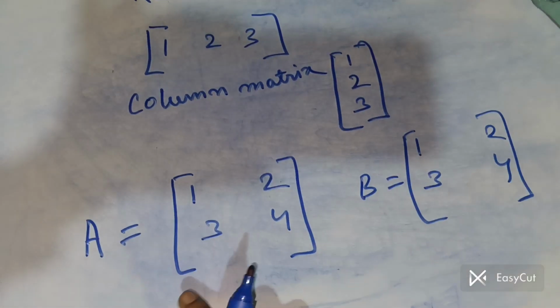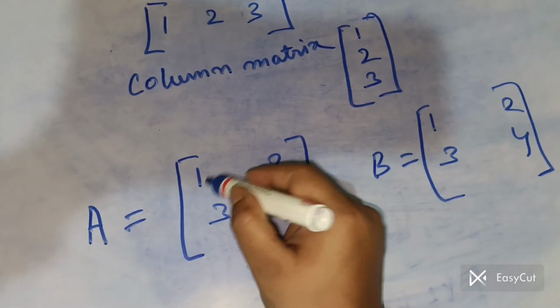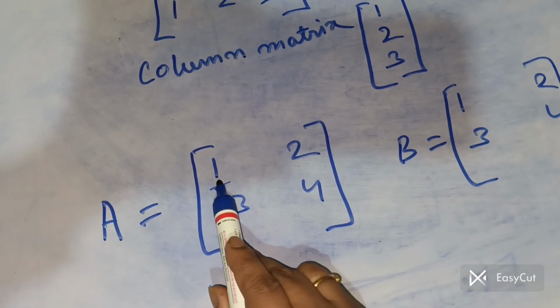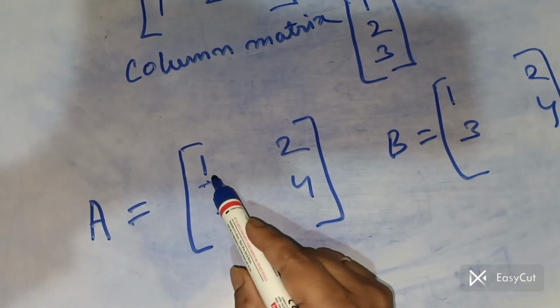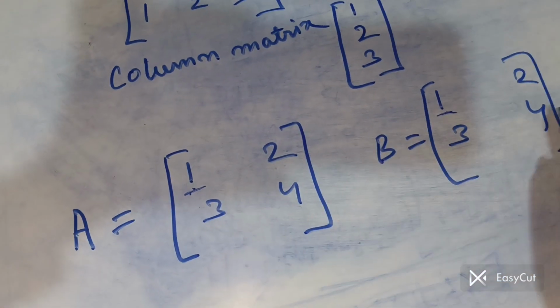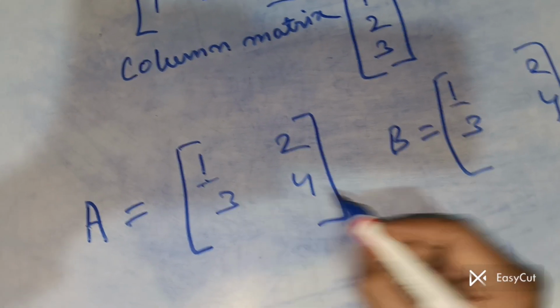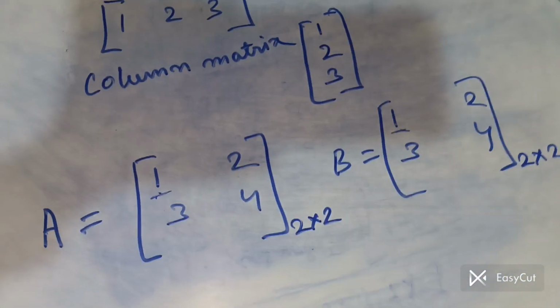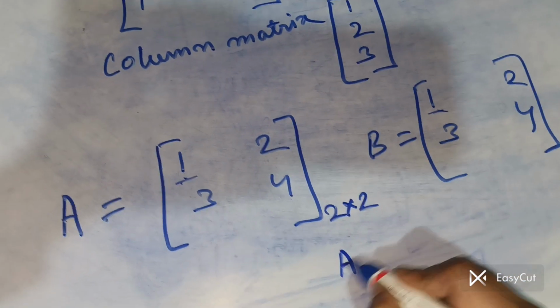See here, both matrices A and B have the same elements in the same positions also. Here it is 1 in the first row and first column, and here also it is 1. All the positions are the same, and it is a 2 by 2 matrix and this is also a 2 by 2 matrix. So these two matrices are equal. A will be equal to B.